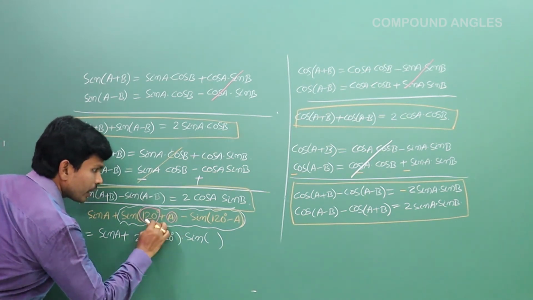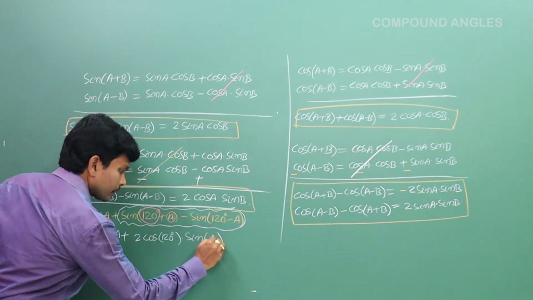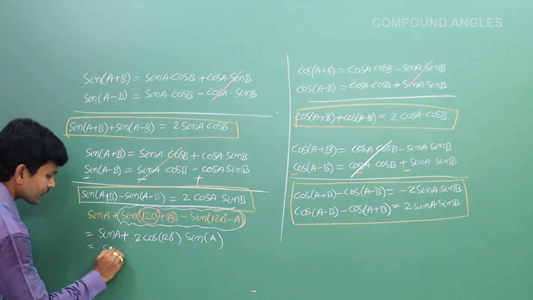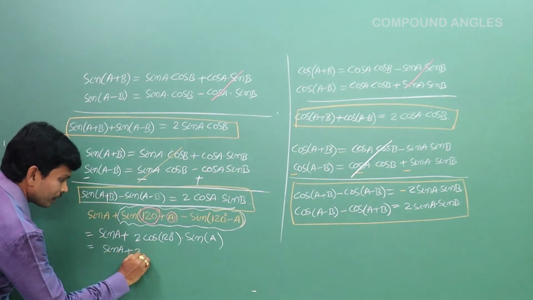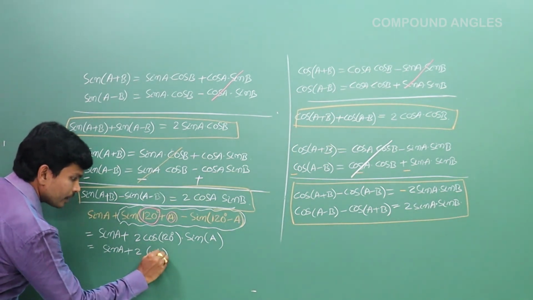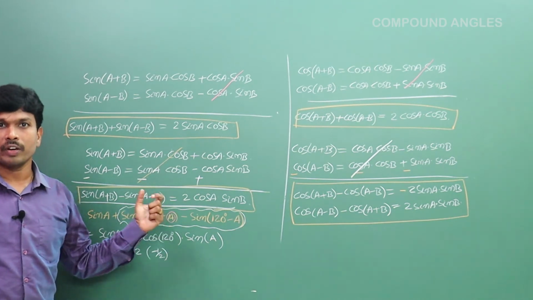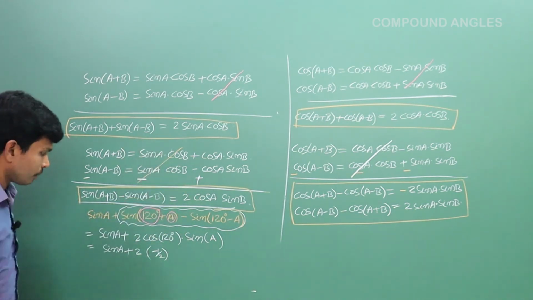And what is the B value? A. So now I am asking you, what is the cos 120 degrees value? We have done it. Cos 120 degrees value is minus 1 by 2.